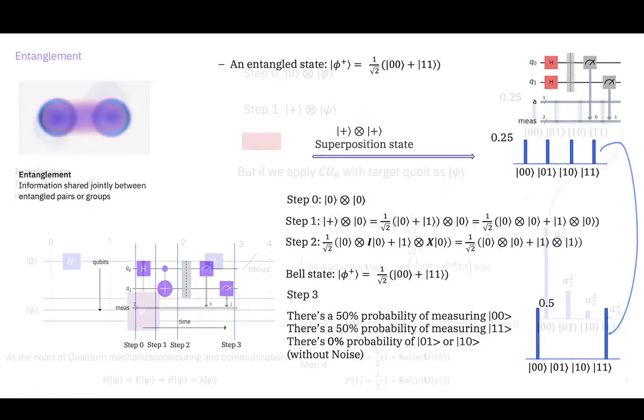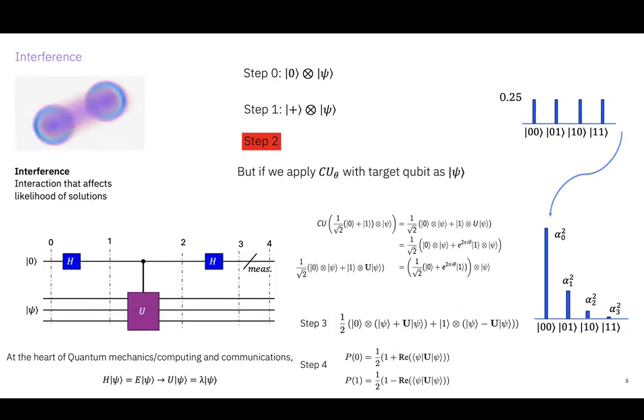Another important phenomenon is called interference. Instead of the CNOT gate, suppose you apply a controlled unitary operator. Of course, if you want to create interference, you need multiple quantum subsystems, not a single system.